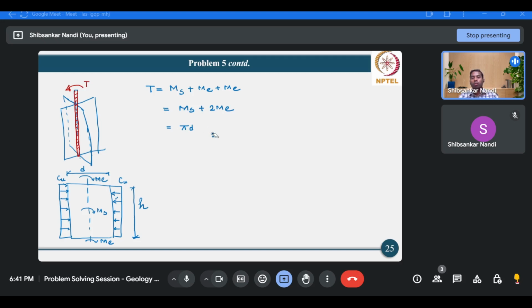So this will be pi dH cu into d by 2. And this M in general can be represented as beta cu into pi d cube by 4.